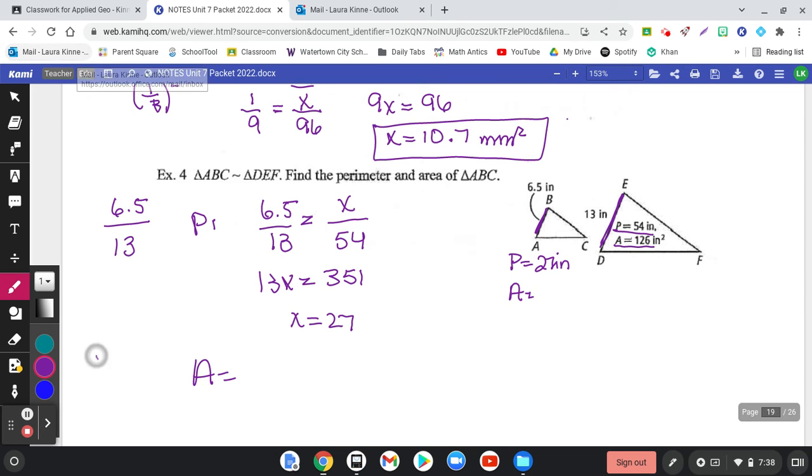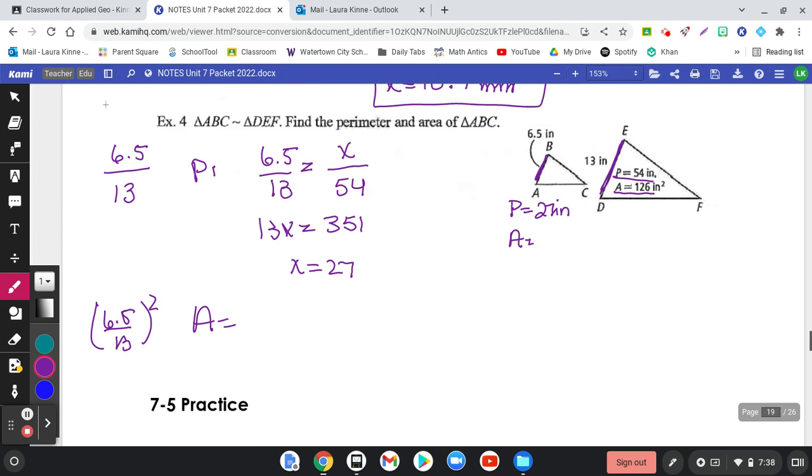Now the area, we're going to have to do 6.5 over 13 squared. Remember, because we're not just going to set it equal to the same ratio, we have to square it. So I'll put the 126 here because that's the area, but let's figure out what our similarity ratio is for the area.